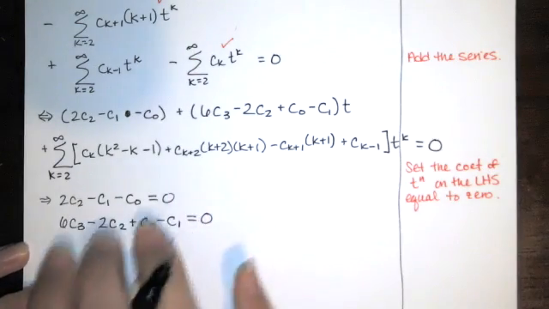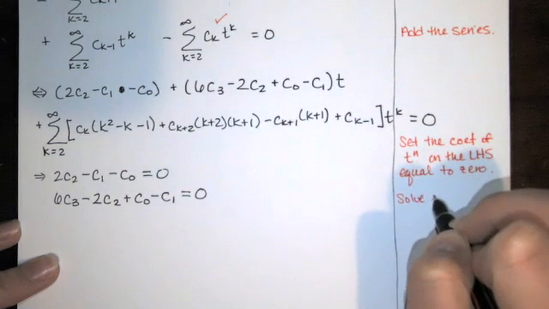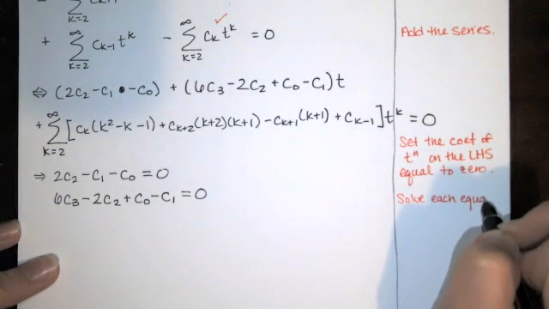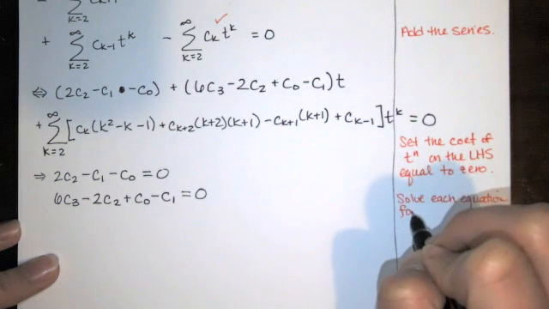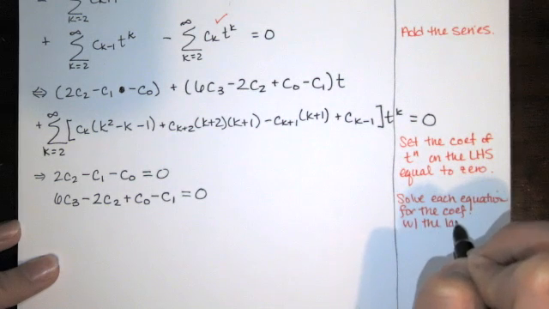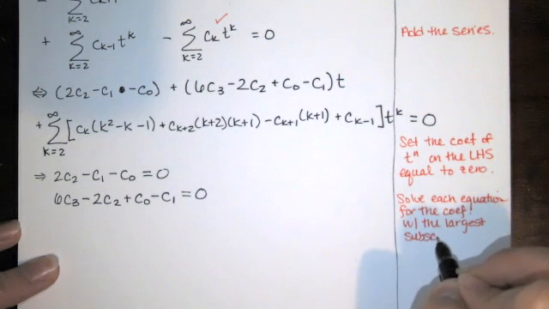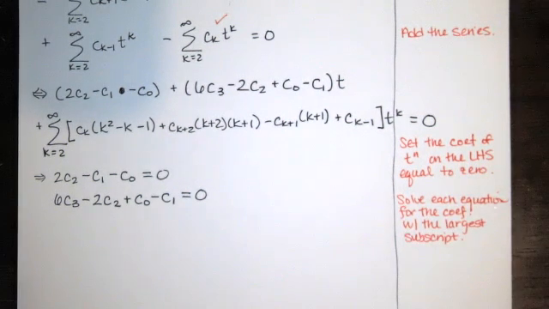Now, once you've done that, you want to take each of these equations and solve for the coefficient with the largest subscript. What that will allow us to do is write the expression for all of the coefficients in terms of coefficients with smaller subscripts.